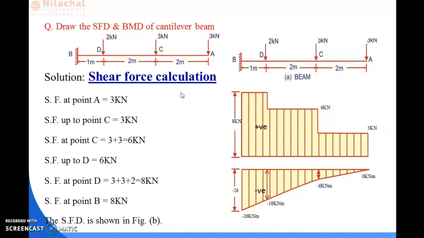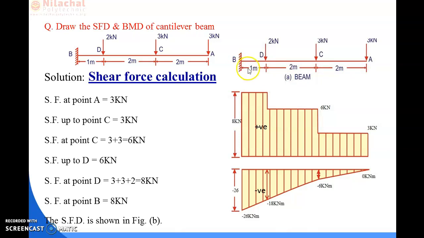First of all, as I told you in the derivation, in the case of a cantilever beam, we need to calculate from the right side of the section to the left side of the section.